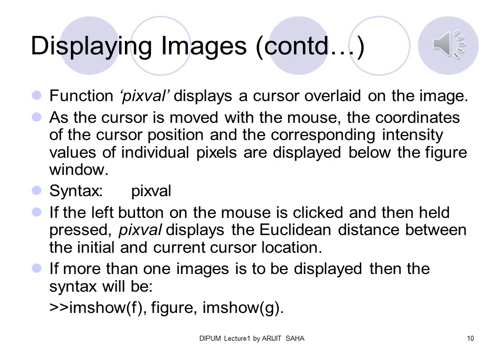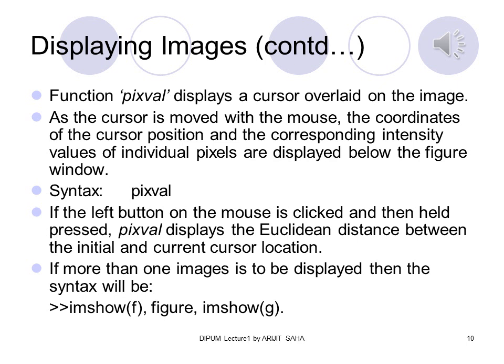As the cursor is moved with the mouse, the coordinates of the cursor position and the corresponding intensity values of individual pixels are displayed below the figure window. What is the syntax? It's simple. Just write pixval. If the left button on the mouse is clicked and then held pressed, pixval displays the Euclidean distance between the initial and current cursor location.